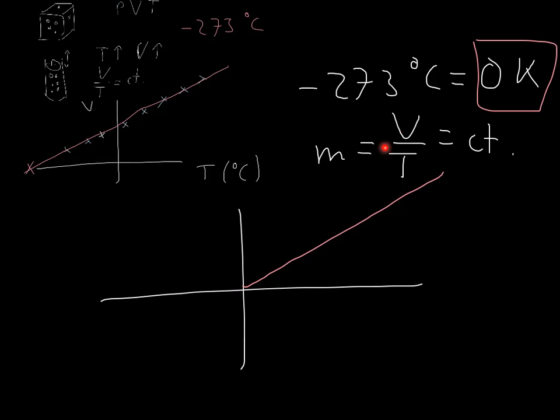So this holds up. This is the volume-temperature law. It has a very original name, and it's just telling us that V over T is constant if we use the Kelvin scale. If we use the Celsius scale, it will be V over T plus 273. Well, actually, plus a constant that we would have to determine.